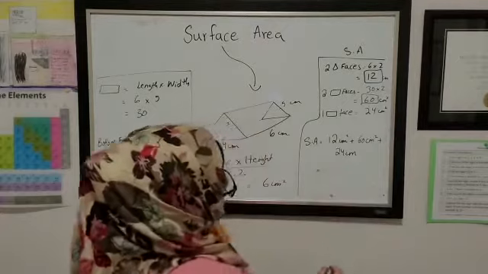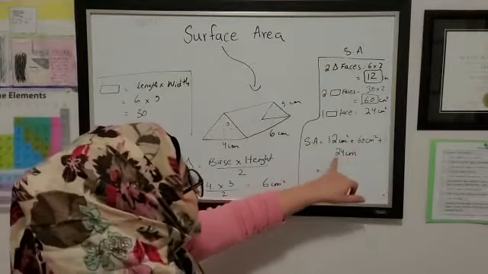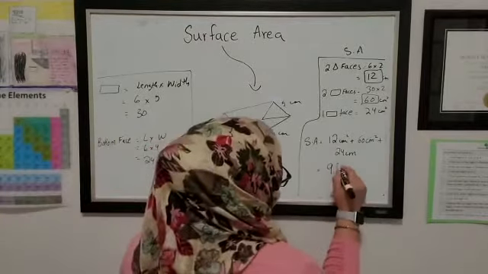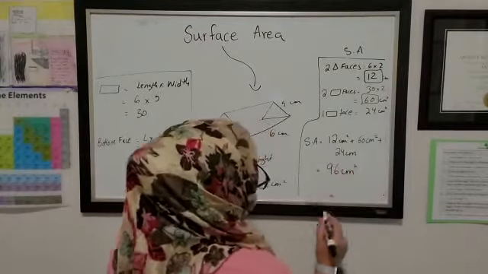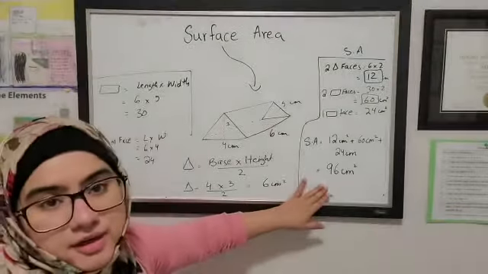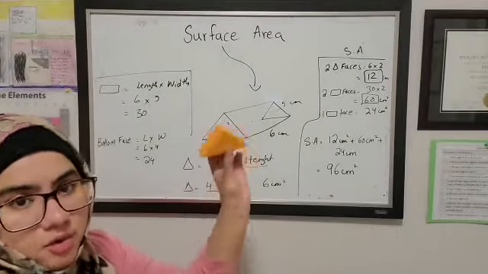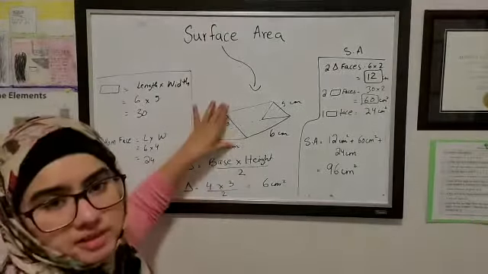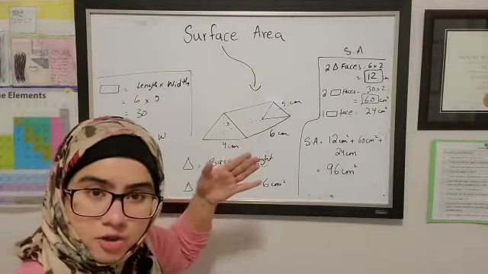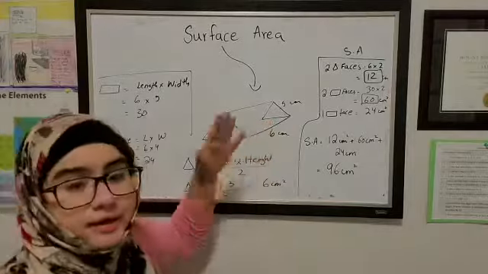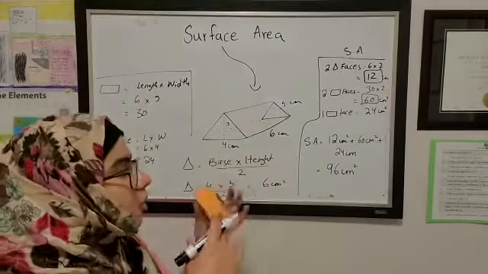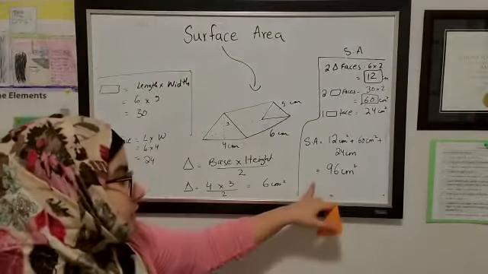When we add all these numbers, we get 96 centimeters squared, the surface area of this triangular prism. Although it looks a little different, imagine this is the same triangular prism over here. To find the surface area, we find the area of each individual face and add up all the areas together.